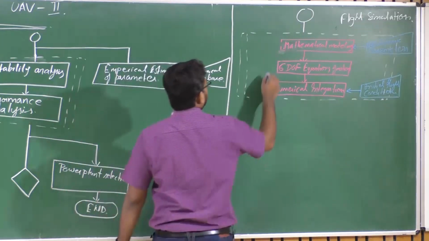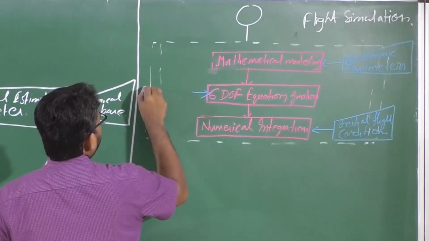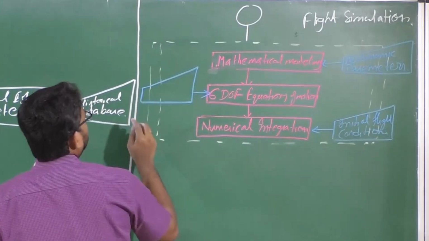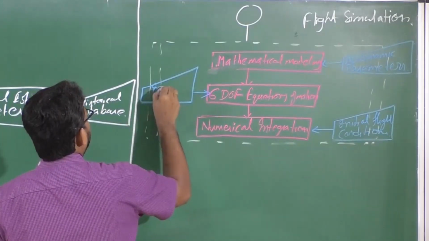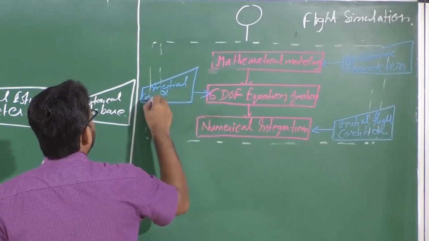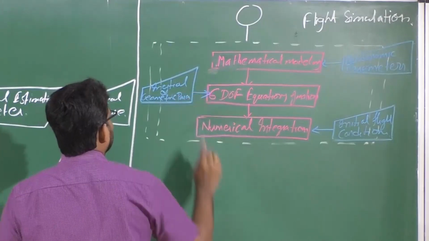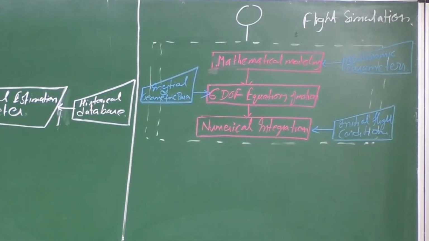So for these six degrees of freedom equations of motion, the input you need to provide is regarding inertial and geometric parameters or details, you can say, right?